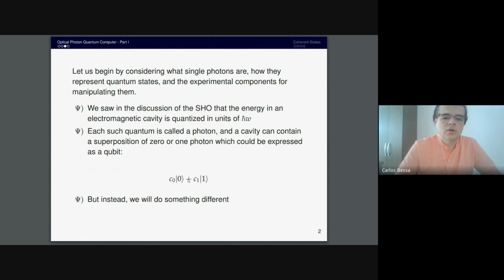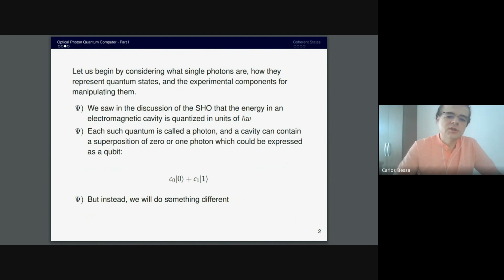Okay. Well, this is the ground state in the oscillator, or you could also call it the vacuum state, and this is the excited state, the state with one photon, for instance.